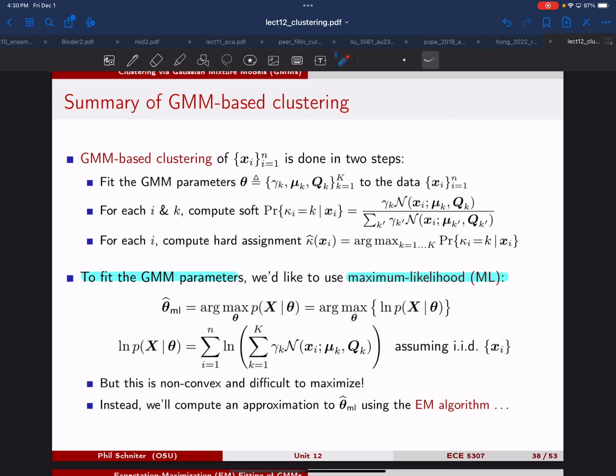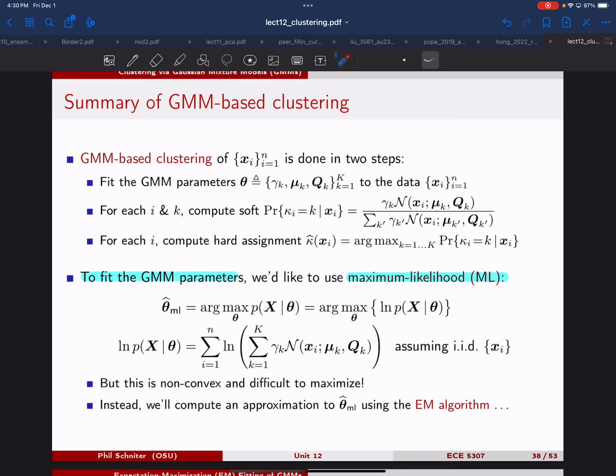That doesn't change anything, but usually it makes our lives easier. In this case, what's really tricky is the form of the log likelihood. As usual, we're going to have a sum over our training samples, and that's because this probability involved a product over the training samples, assuming that each sample was drawn independently and identically from some distribution.